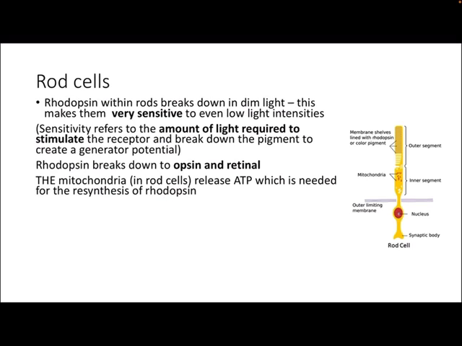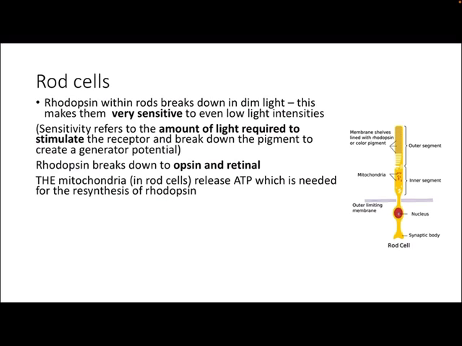Our rod cells. Rhodopsin is very sensitive, so it will break down in dim light. So we would say that rod cells have high sensitivity. Sensitivity refers to the amount of light that is required to stimulate the receptor and break down the pigment, which in turn will create a generator potential.